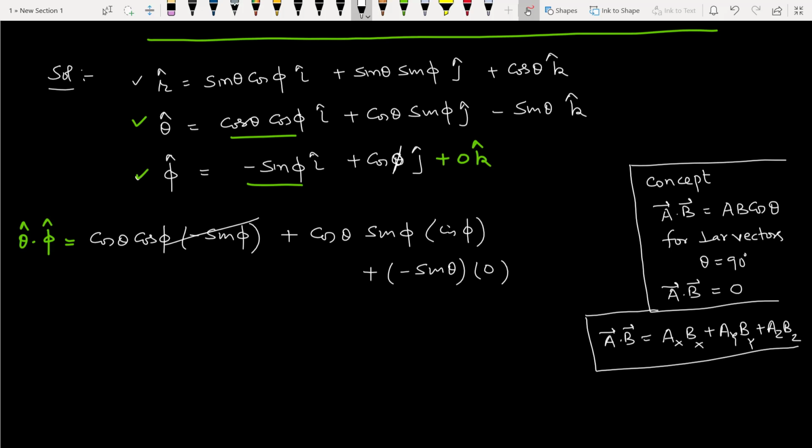So again these two cancel out, this is 0. So theta cap dot phi cap is 0. So theta cap and phi cap are perpendicular to each other.